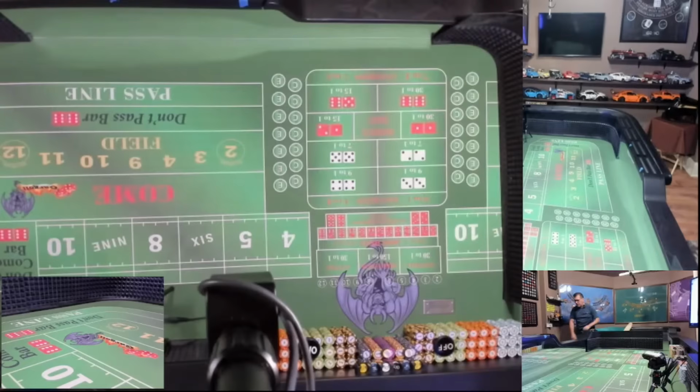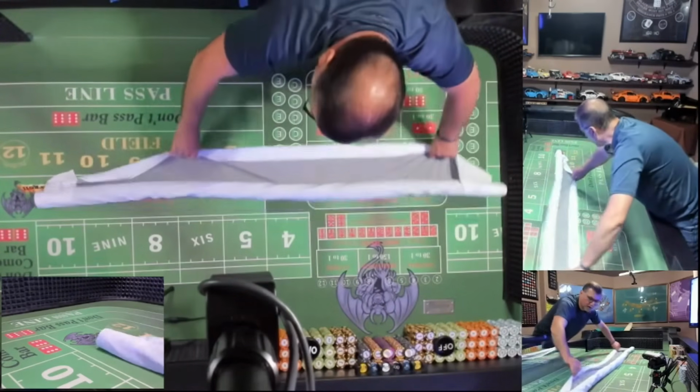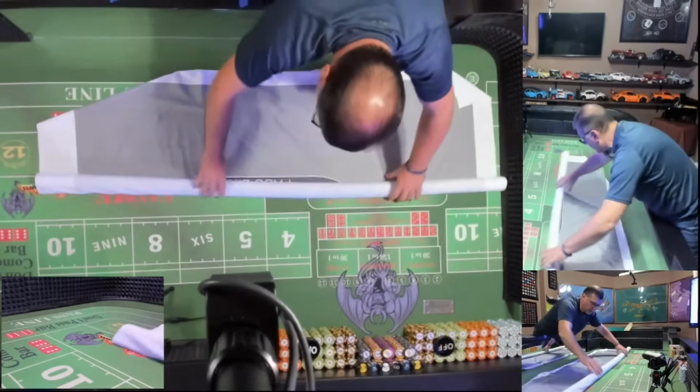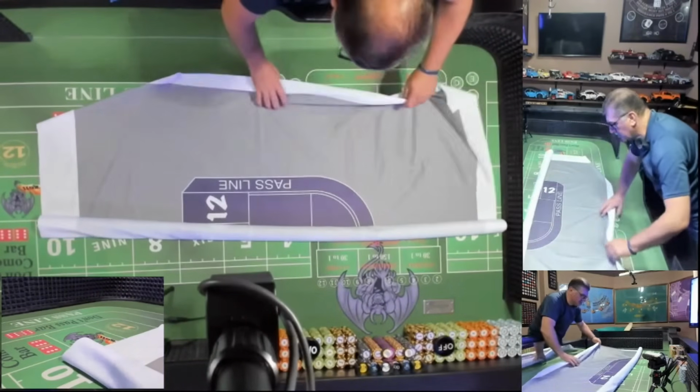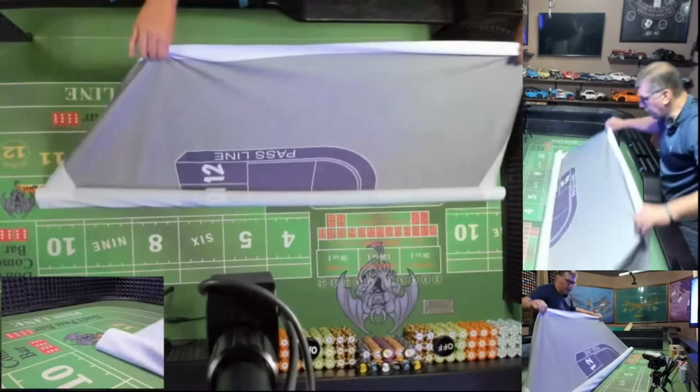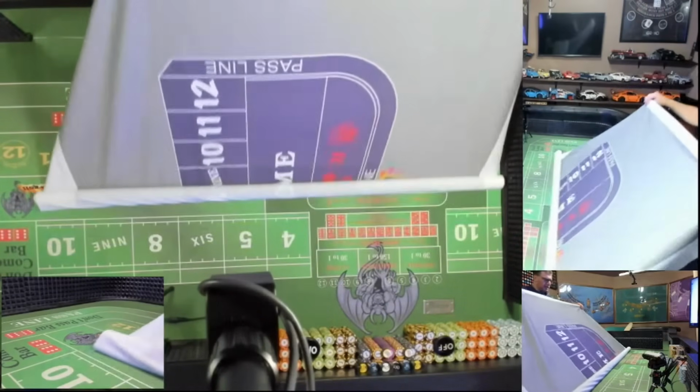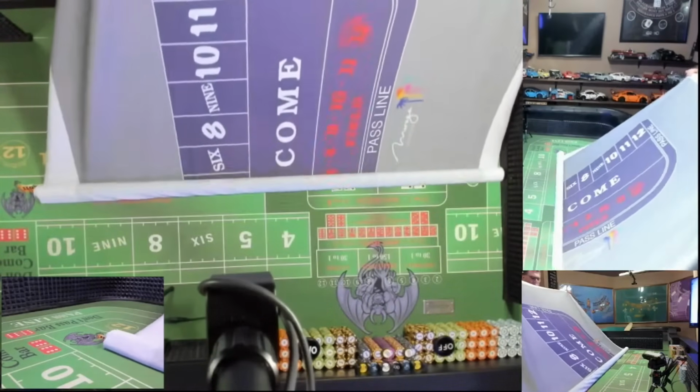The other two are brand new. The first one is a crapless from the Mirage. This layout is brand new, uncut, and it's a crapless.